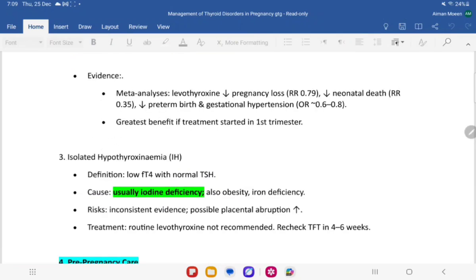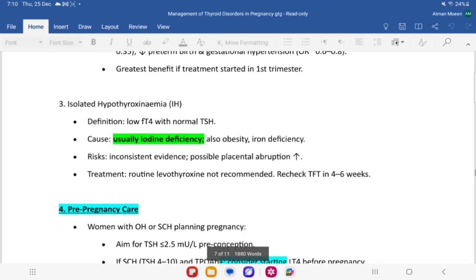In subclinical hypothyroidism, why do we want to give the thyroxine? Because it will decrease the pregnancy loss, neonatal death, preterm birth, gestational hypertension, and the benefits are greatest if it is started in the first trimester. The third component is isolated hypothyroxinemia. There is low free T4 with normal TSH, but usually the most important cause is iodine deficiency.